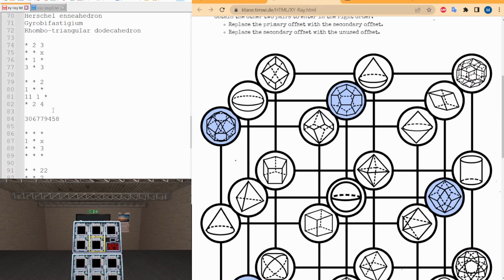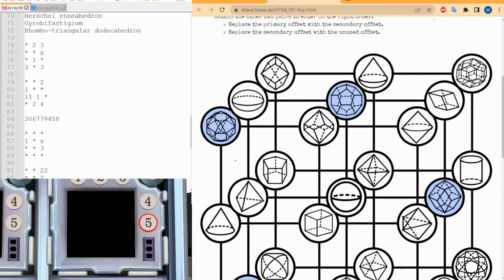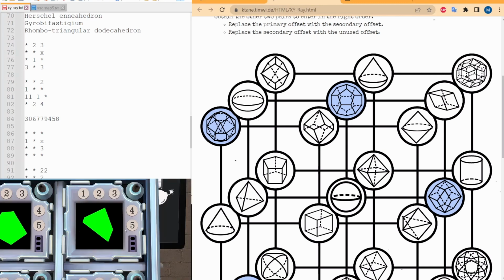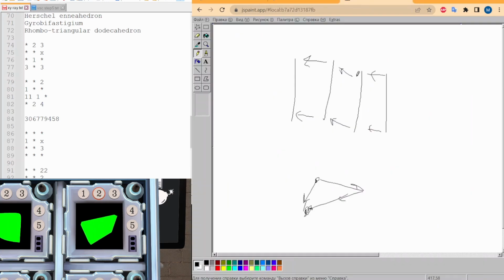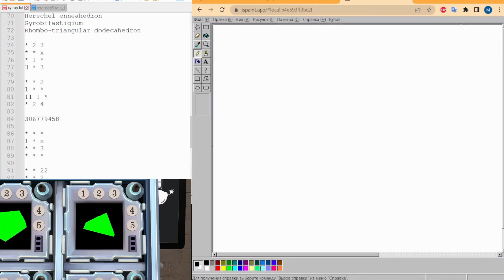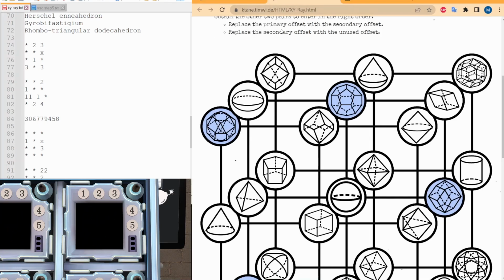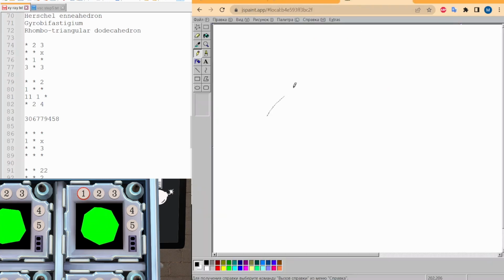Let's look at another one, maybe. This one. Yep. A lot of squares and vertices of 4. By the way, sometimes you might see a shape like a hexagon.